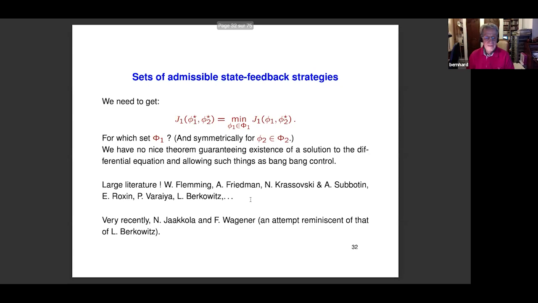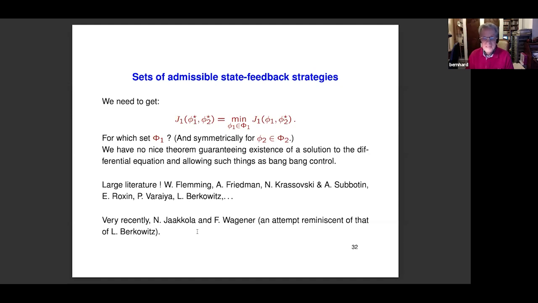More recently, Florian Wagner sent me a preprint with Nico Jacola, I think, where they attack again this problem using Filippov solution of differential equations.